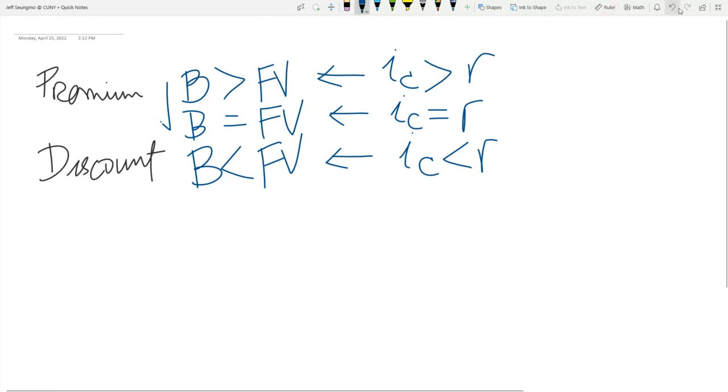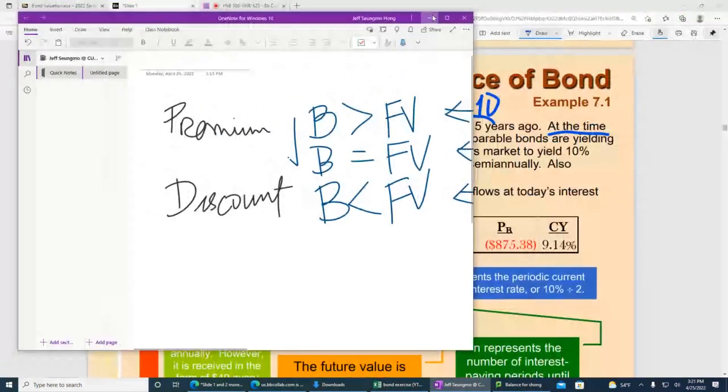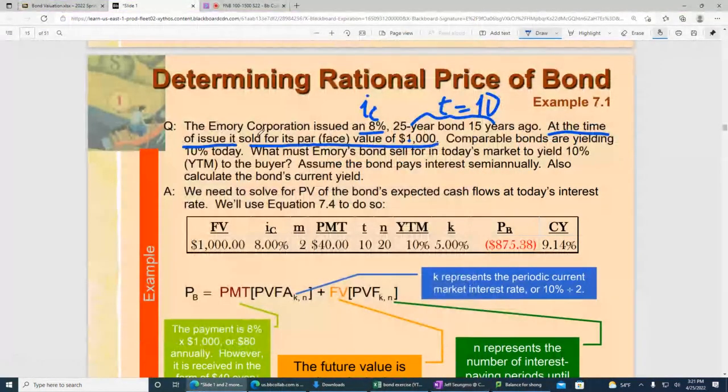So from this we can tell that at the time of the issue, it was sold for its par value, so the prevailing market rate was also 8% at the time. We can make that educated guess. Isn't that right?